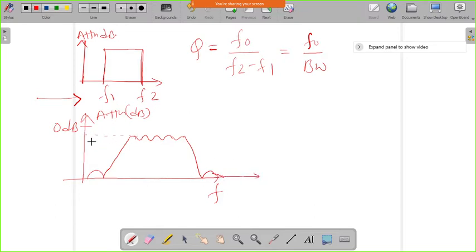Whatever the variations there are here, we'll call it a ripple, which we'll discuss. And from 0, the variation of 3 dB down, if I take, we'll get the bandwidth, that is F1 and F2.